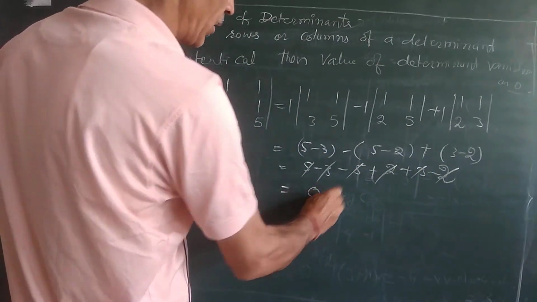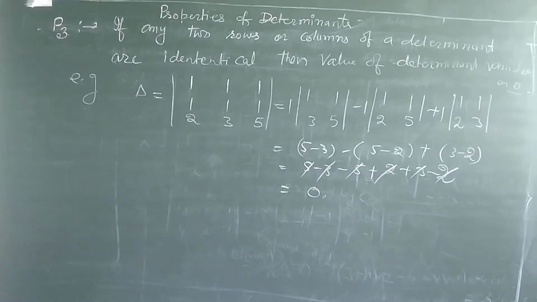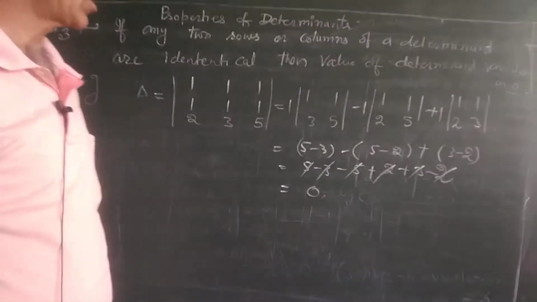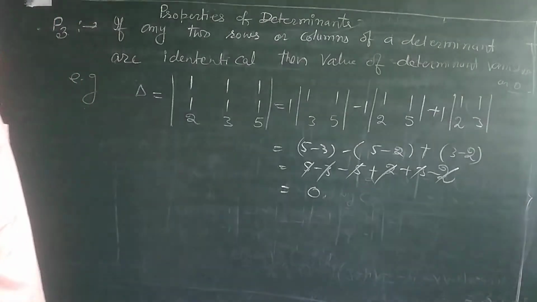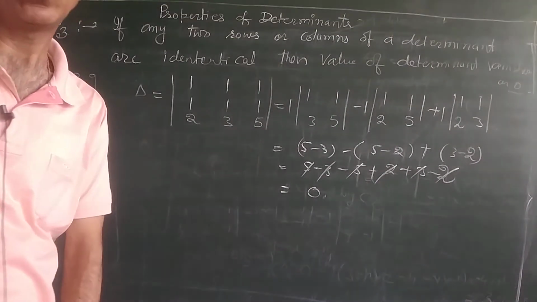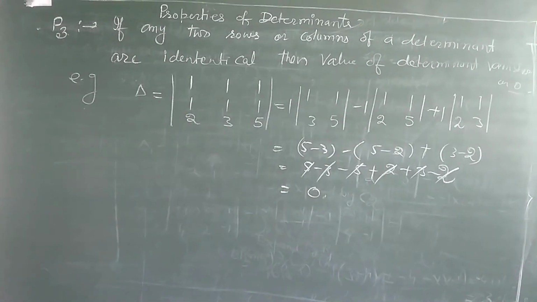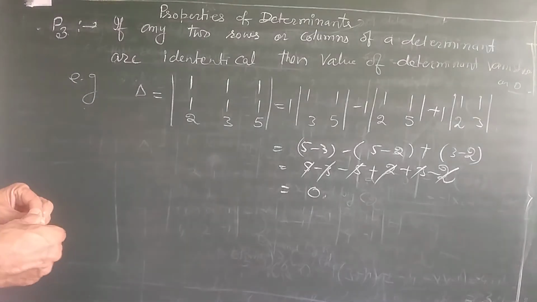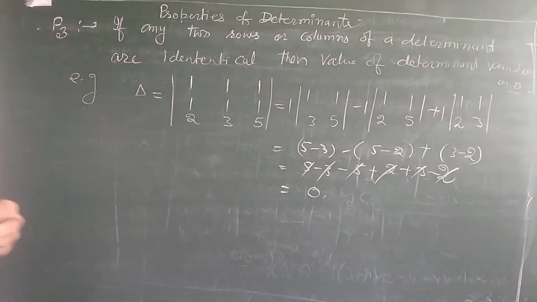We have the value 0. So we can see here, if any two rows or columns of a determinant are identical, then the value becomes 0. Just by looking, we can say the value will be 0 if we find two rows or two columns are identical. This is the third property of the determinant.